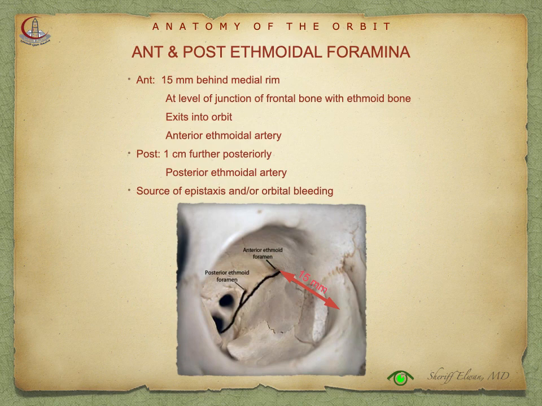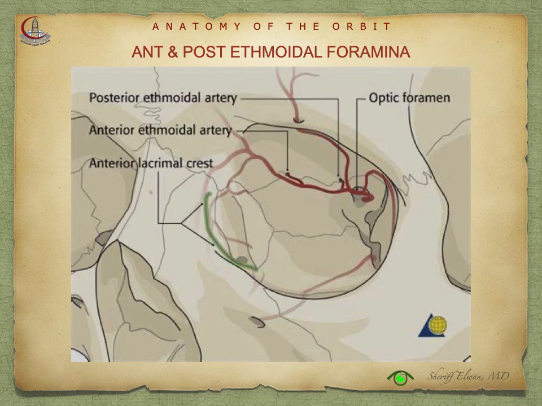The posterior ethmoidal foramen is 1 centimeter further posterior to the anterior ethmoidal foramen, and it transmits the posterior ethmoidal artery. Both have been recently described as sources of epistaxis and sometimes bleed during the operation of orbital exenteration.